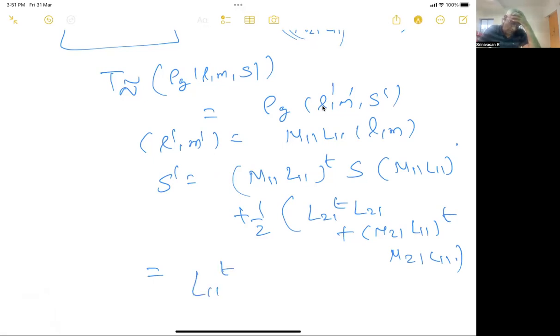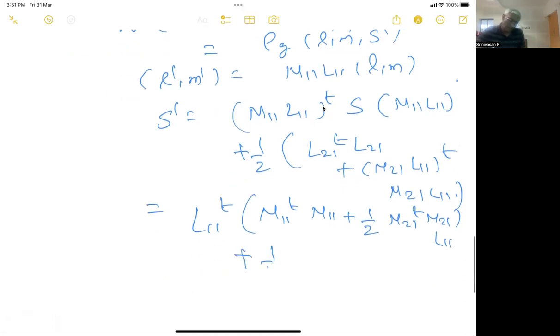So L11 transpose in the middle, M11 transpose M11. Okay, that's what the first term is. Plus half of M21 transpose M21 times L11, right? Plus half of L21 transpose L21.